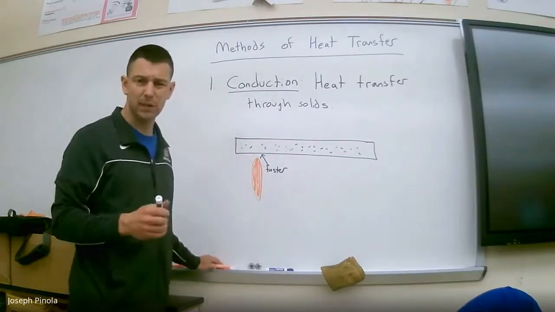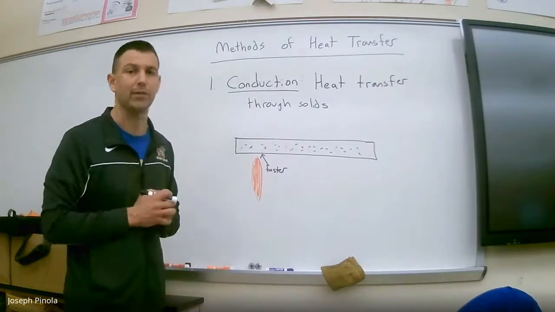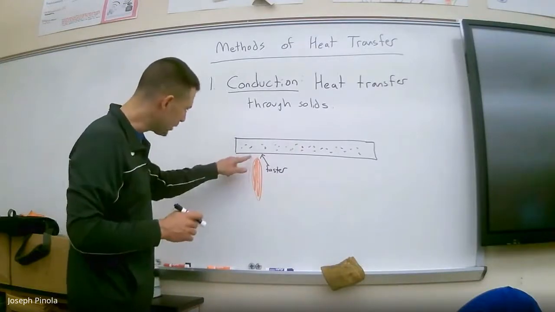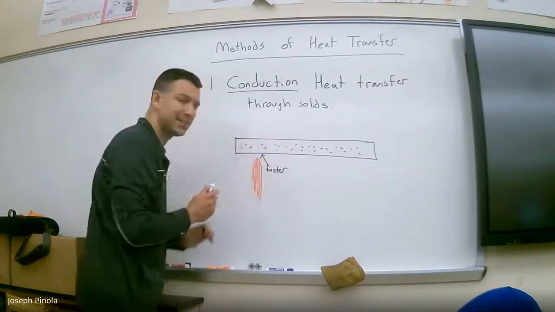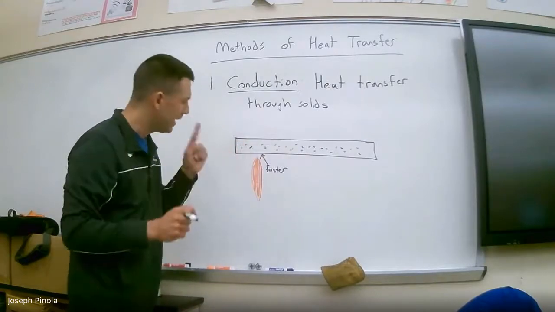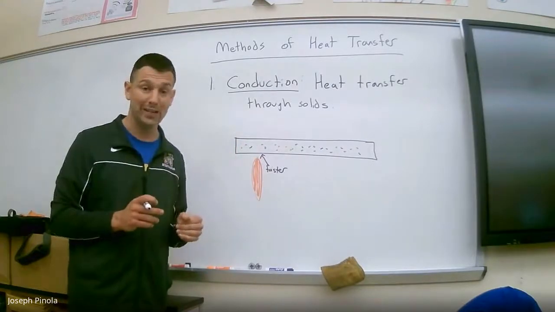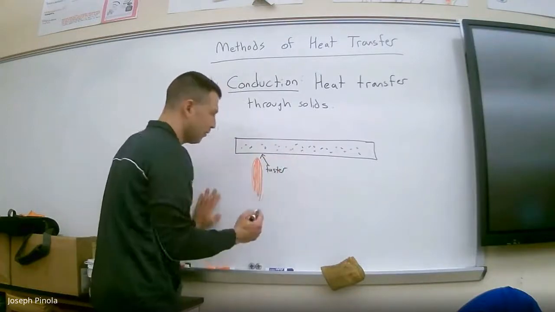And that makes sense because we know that when something's at a higher temperature, the molecules inside start vibrating around a bit faster. So these particles start vibrating faster. They bump into the particles next to them, their neighbors, and they start pushing on them a bit more and causing them to vibrate a bit faster. Then they bump into their neighbors and they start moving faster.